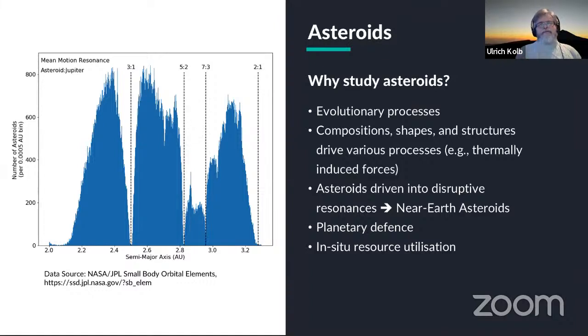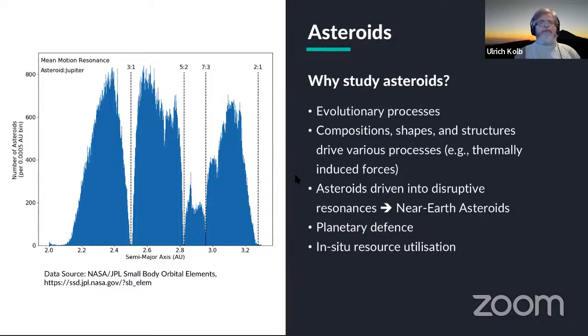As I said, we want to understand evolutionary processes, and one very interesting process is that their composition and structure and changes in those may drive various processes, both internal to these asteroids, but even more so externally visible ones, because they may change the orbit of these.